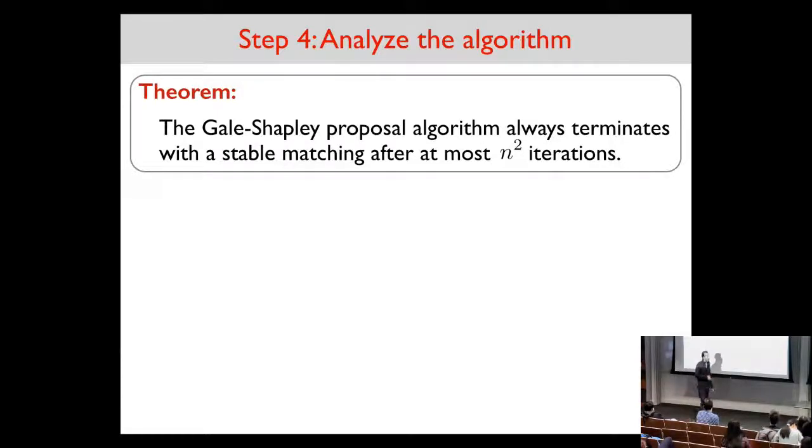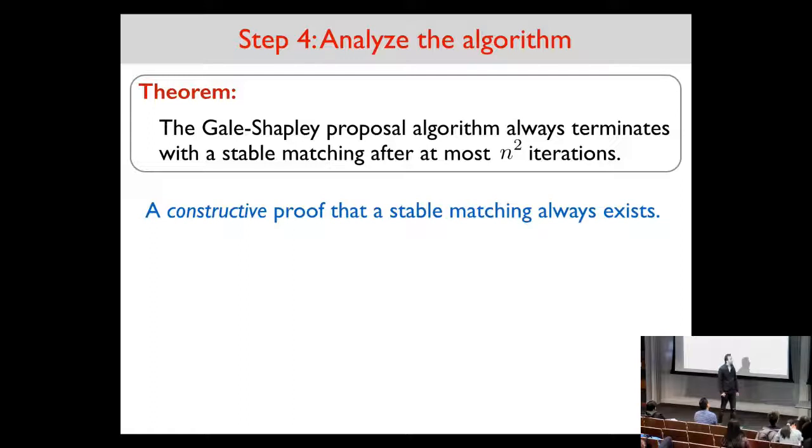Okay, so here's the theorem. The Gale-Shapley proposal algorithm always terminates with a stable matching after at most n squared iterations. Iterations meaning the number of times the outer while loop is going to repeat. It's going to repeat at most n squared times. Now this is quite remarkable actually.